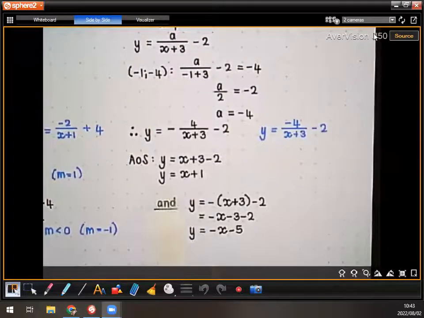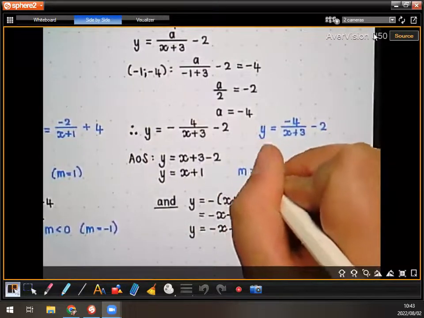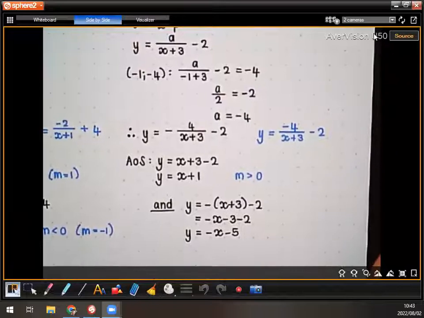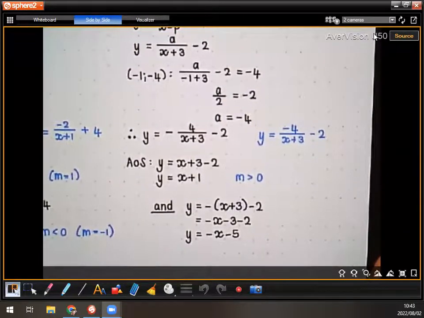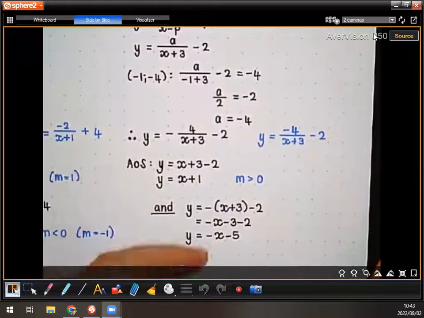Axis of symmetry, same thing guys, denominator and your q value, that will be the one with the positive gradient. So we can just add that in. Guys, if they're asking specifically in the question, find the axis of symmetry with a positive gradient, you're just going to do this one. Then you're not going to do both.